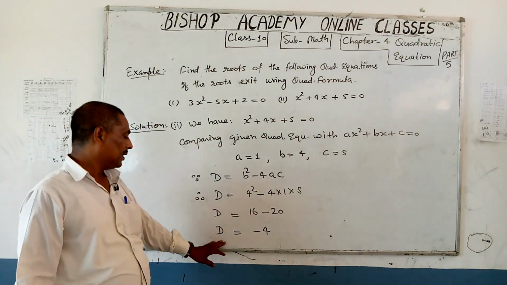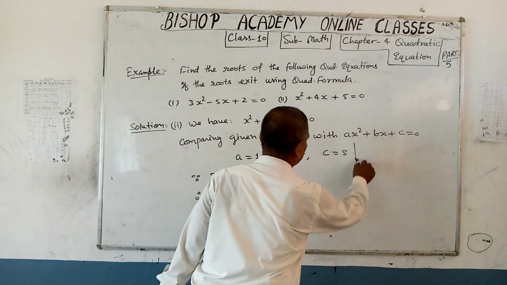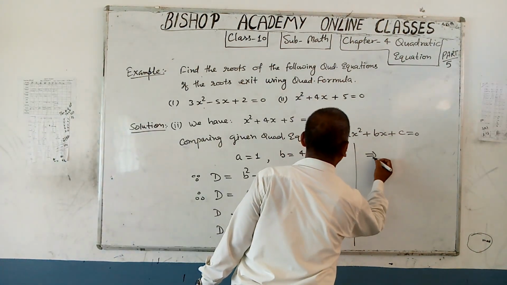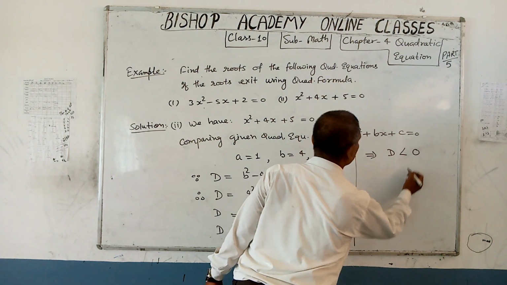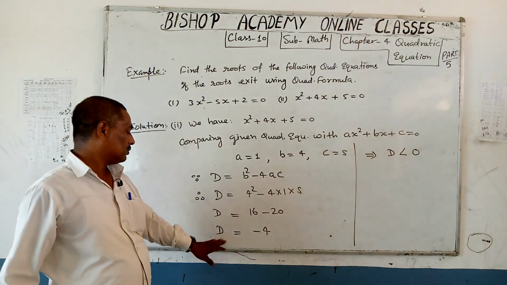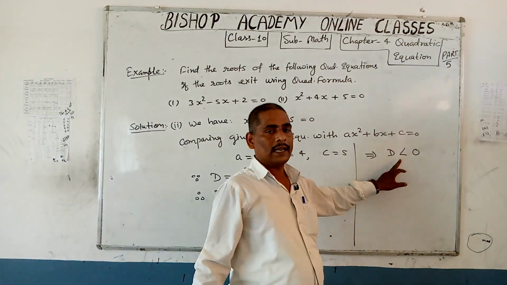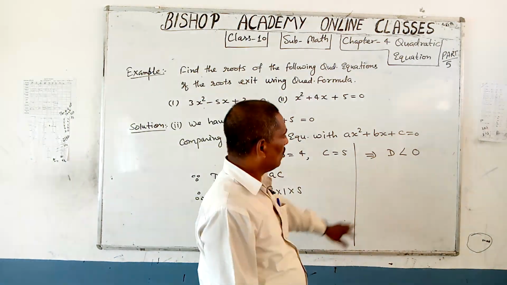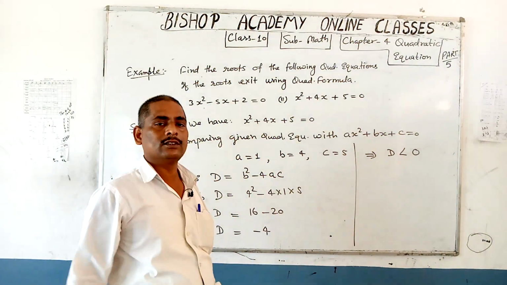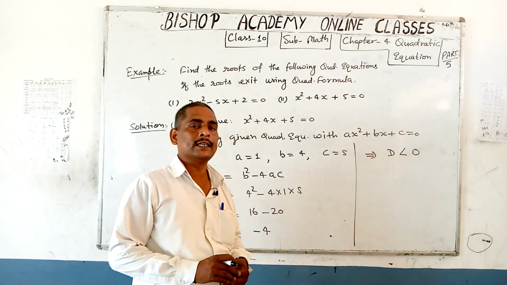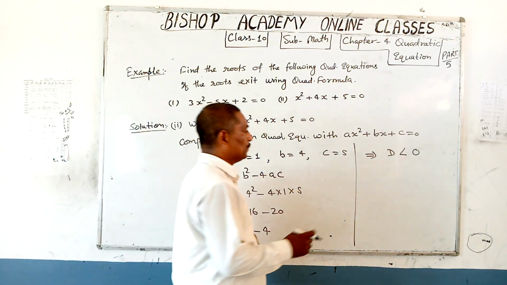Here students, you can see the discriminant is equal to minus 4, and this indicates D is less than 0. You know that when the discriminant is less than 0, the roots of the quadratic equation are not defined.